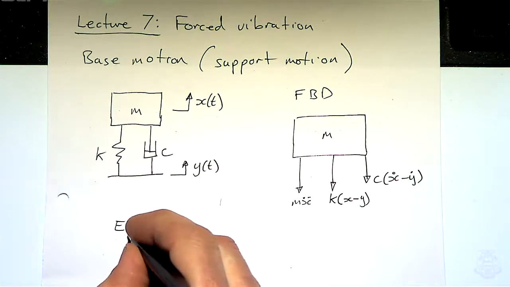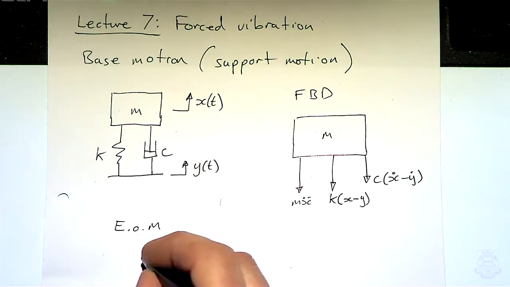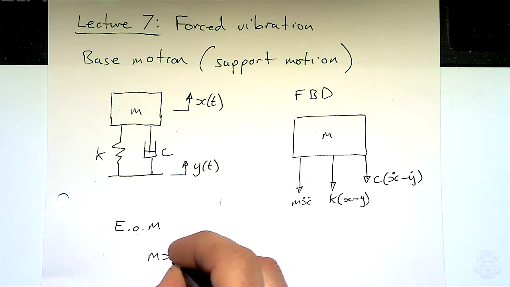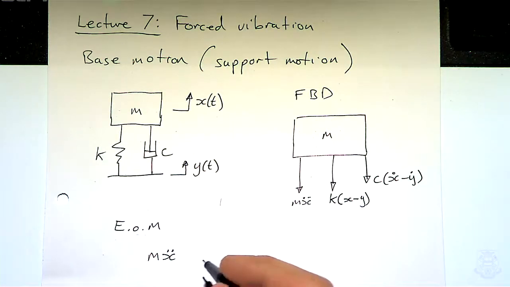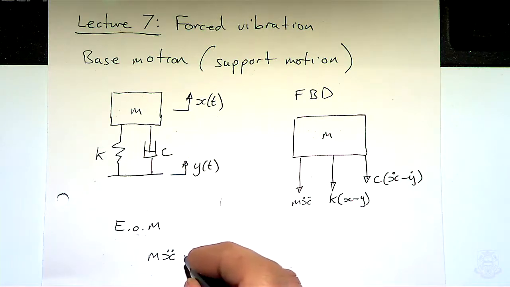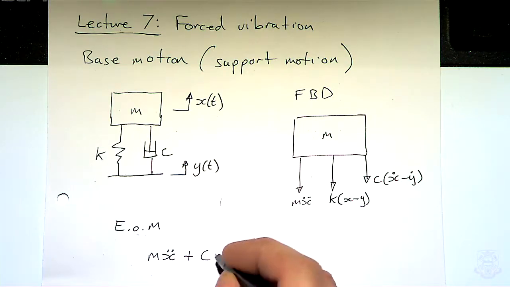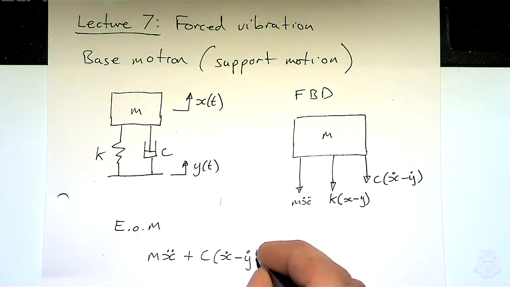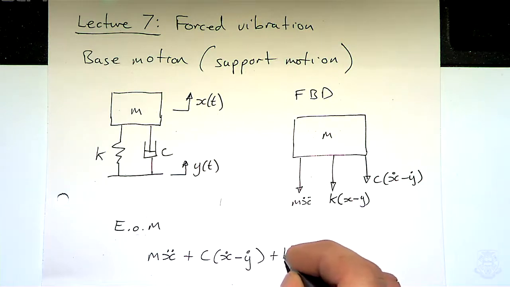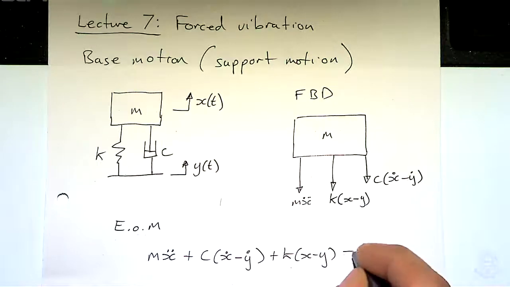So that gives us an equation of motion for this system, which looks like this. Well, the inertia term is the same as before, but now our damping term and our stiffness term have this new format. So we write down the equation like this.